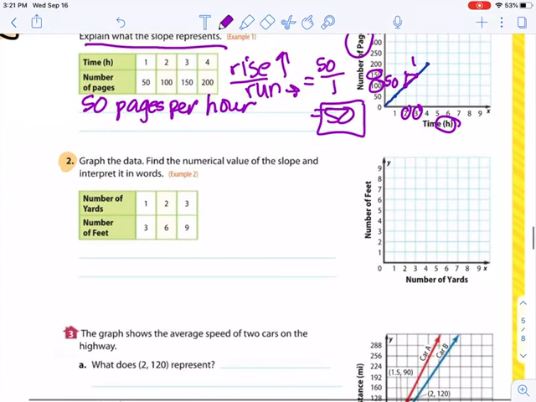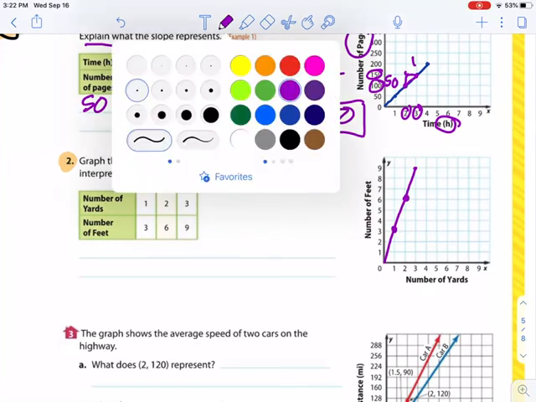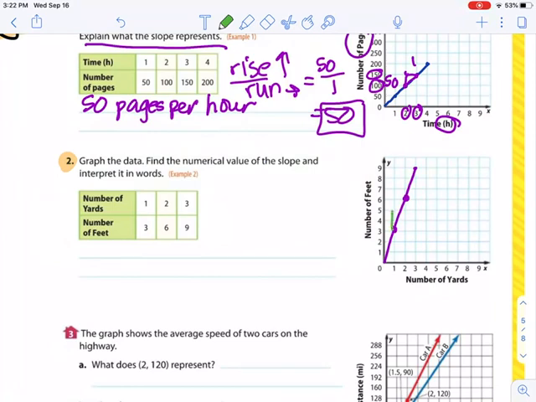Okay, last one, number 2, go ahead and graph. All right, so now that your graph is done, pick 2 good points. I'm just going to use the first 2 points, and let's connect them.